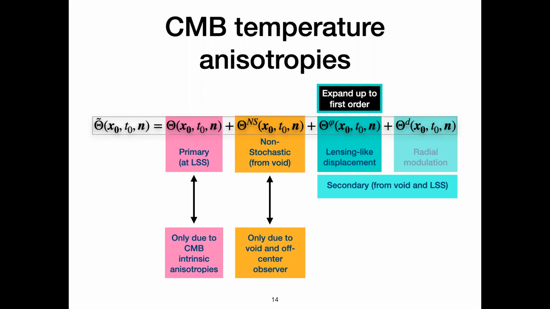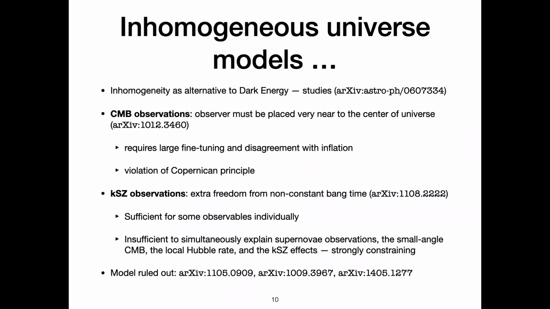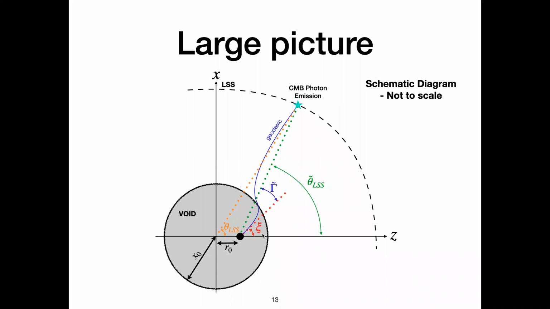it is studied before. So this is basically the contribution due to the off-center position of the observer, right? And in this case, we just measure the redshift.